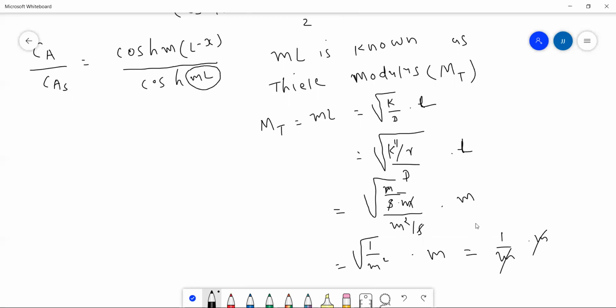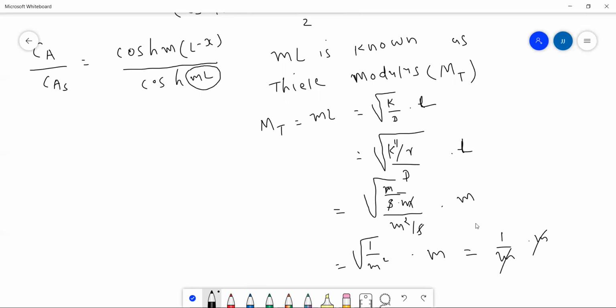Now, the decrease in the concentration along the length of the pore depends upon the value of mL, that is the Thiele modulus. So we can also plot the graph of the Thiele modulus, right?